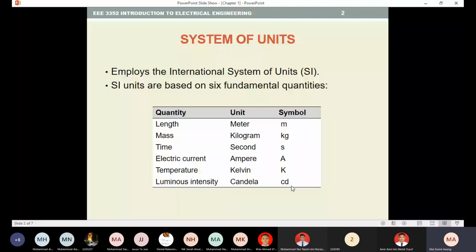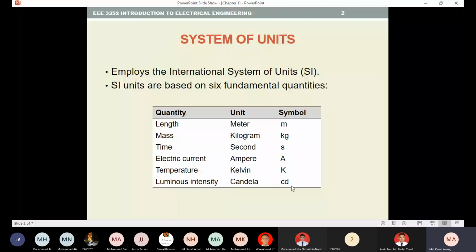Same thing with hertz, the frequency that we measure using hertz, which is 1/s. Hertz is a person, so the symbol is capital H, small z. So for any unit named after a person, the first letter of the symbol will be capital. Okay? Remember that.